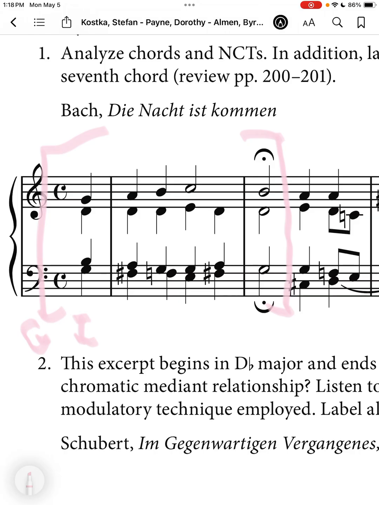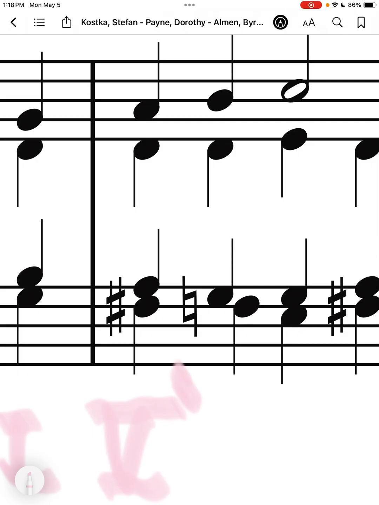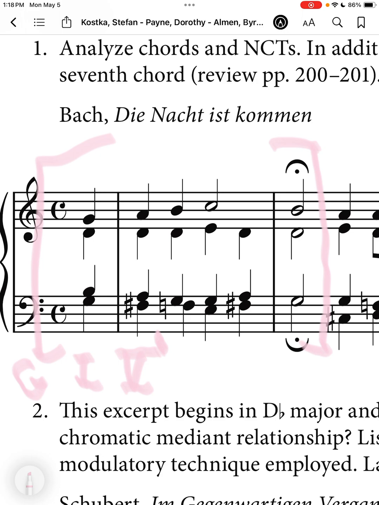Then F sharp and D, F sharp, A. That's a definite 5. 5, 6. F natural. D, F natural, G.